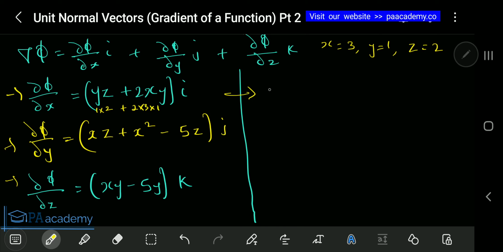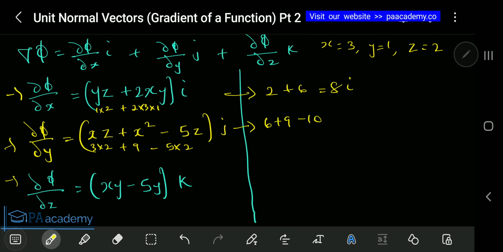So this would be 2 plus 6, which gives us 8i. For the next one, xz is 3 times 2, plus x squared, that's 9, minus 5 times 2. So we have 6 plus 9 minus 10.